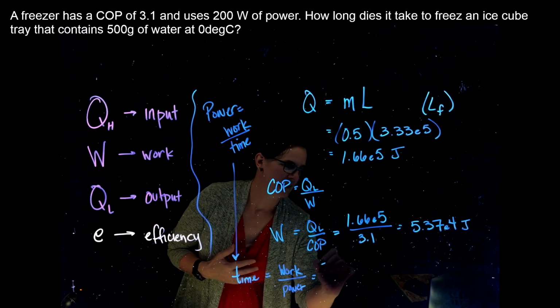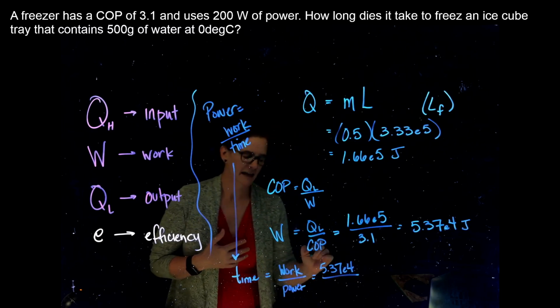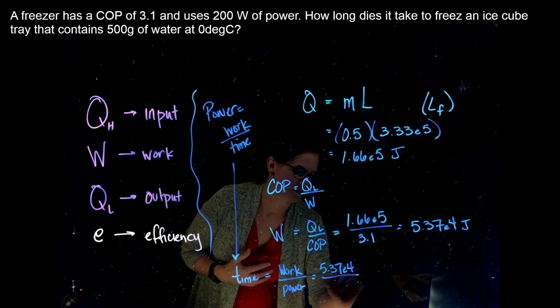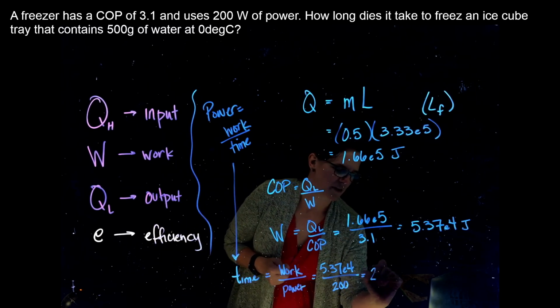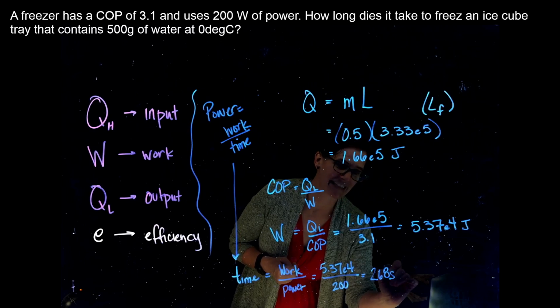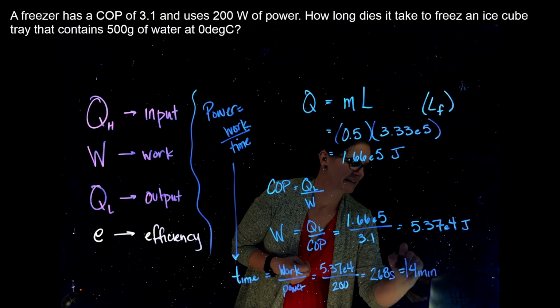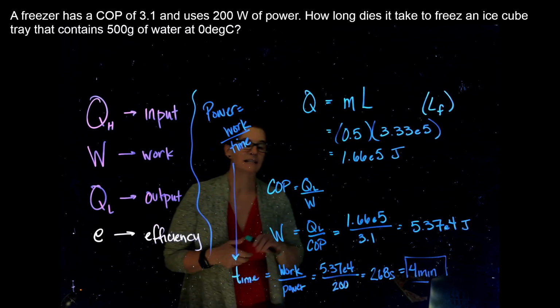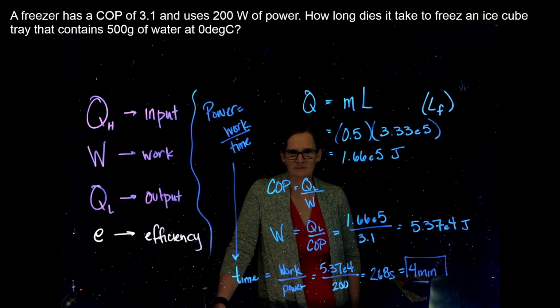And so I need 5.37 times 10 to the 4th divided by my power, which was 200 watts. That gives me 268 seconds, which equals 4 minutes. So it'll take 4 minutes for that tray of ice cubes to freeze solid once it's at 0 degrees.